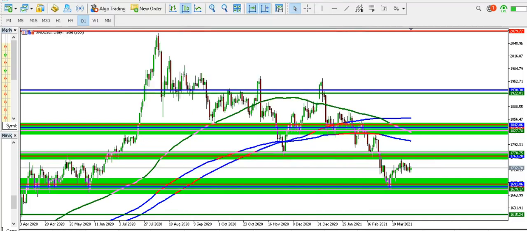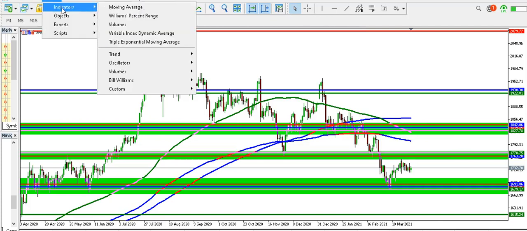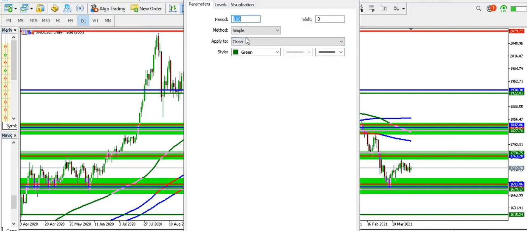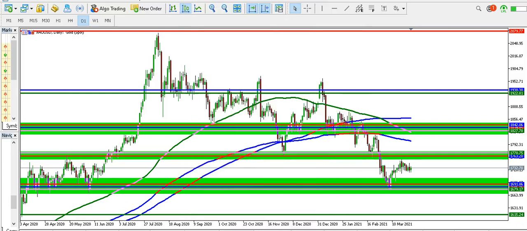This is where the 100 simple average is, in the area of our 200 simple and exponential moving averages. I'm going to add the 100 exponential moving average, which is also in the area of our 200 moving averages.